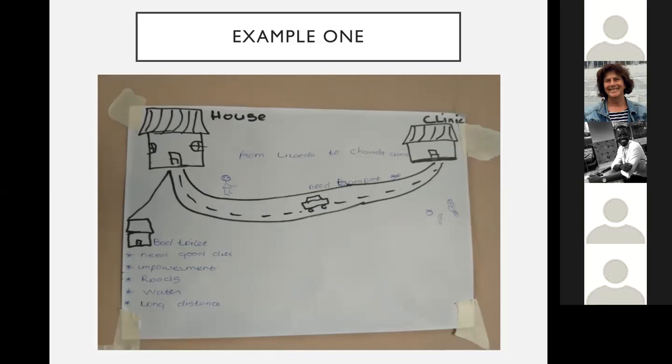So within this same picture, we can see the issue of diet and food, just below the clinic down there. I'm thinking maybe this participant wanted to show how important it is to have vegetables, fruits.